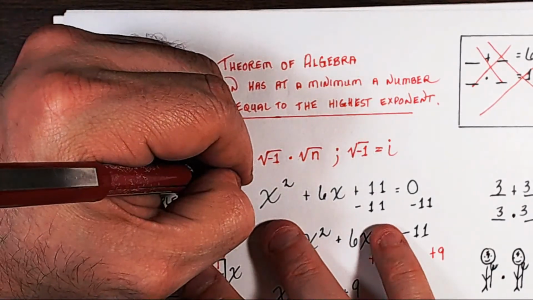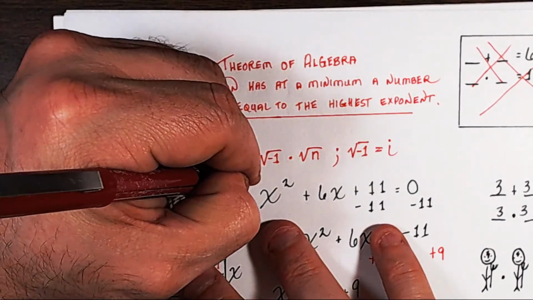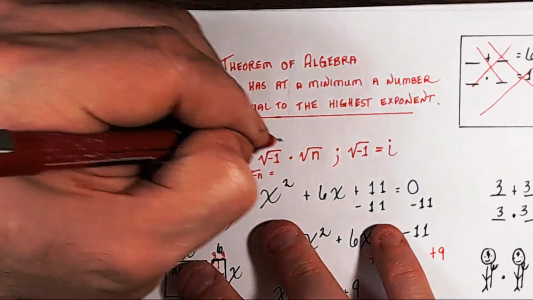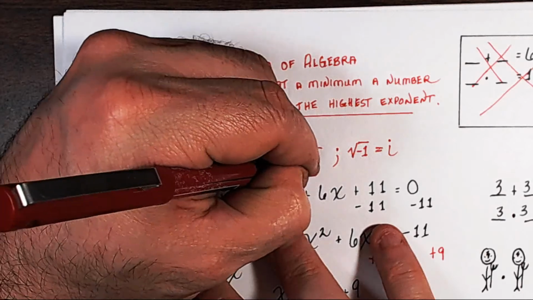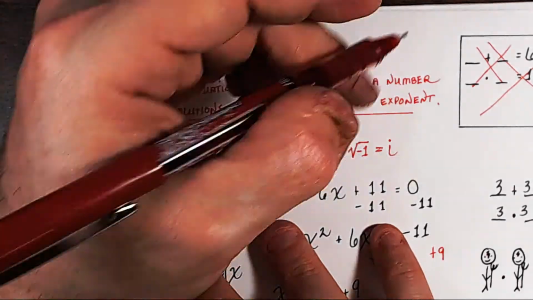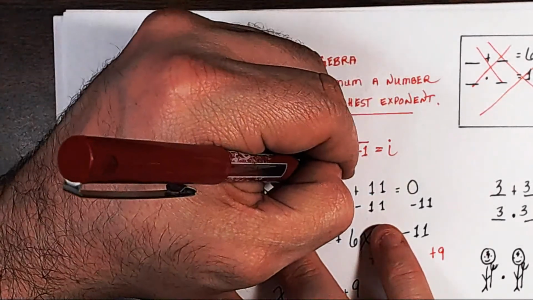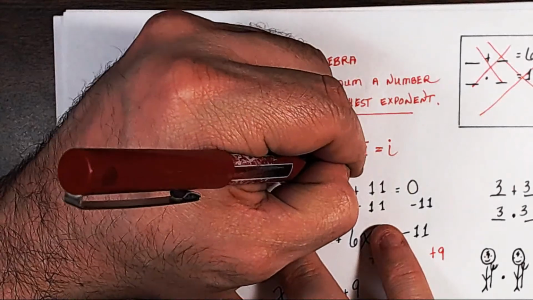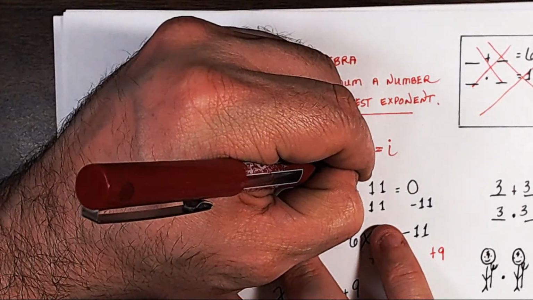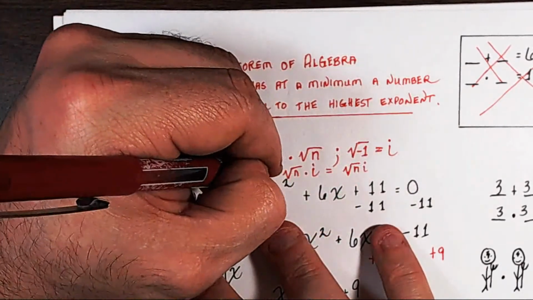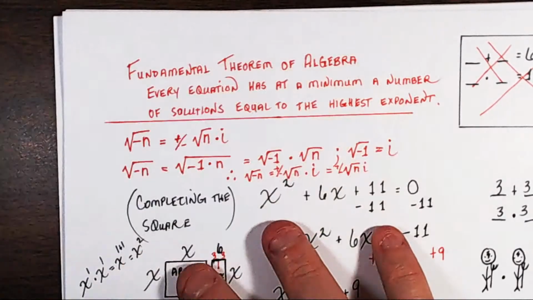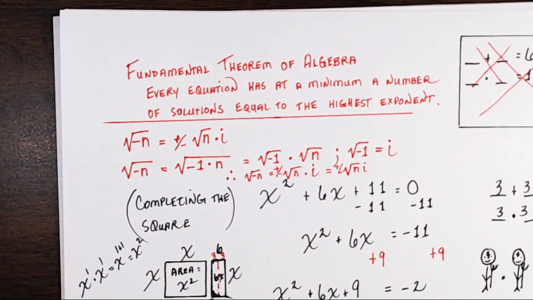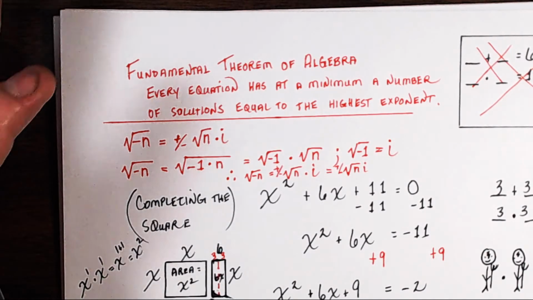Therefore, the square root of negative n equals the square root of n times i, which can be written as square root of n i. Make sure to put that plus or minus. I forget that all the time as well. Plus or minus the square root of n times i. Okay, this is important.